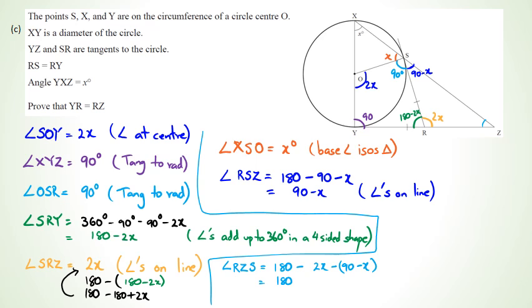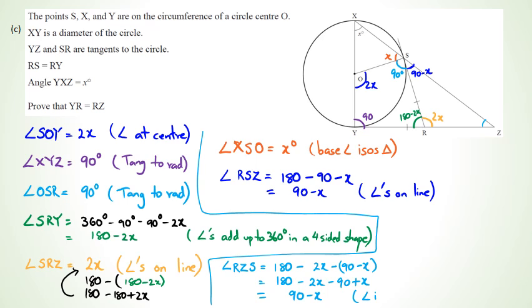So you're going to get 180 minus 2x minus 90 plus x, and this simplifies to 90 minus x. And this is because of angle sum of a triangle.